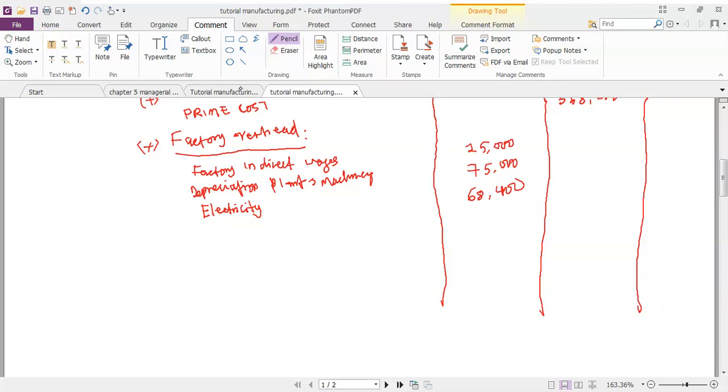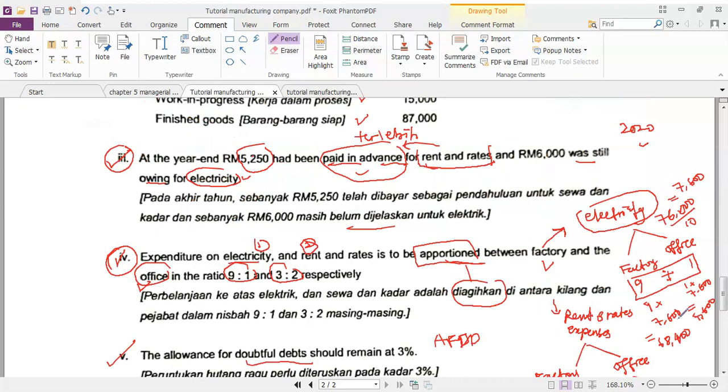Okay, can you understand how to calculate this? Siapa yang tak faham? Please ask me if you don't understand how to calculate for how can we distribute the 76,000 of electricity into factory and also office.